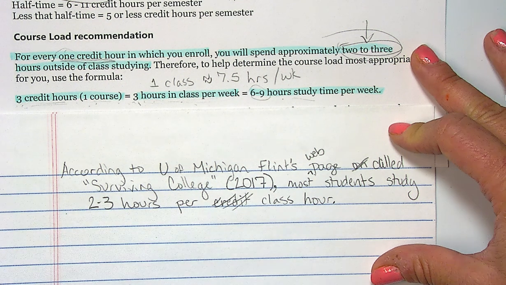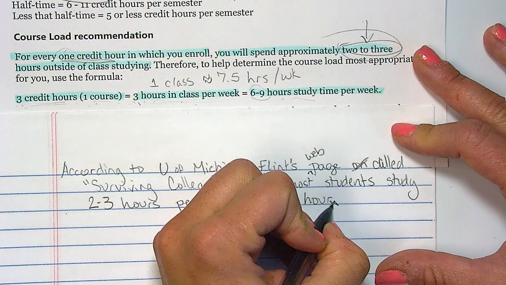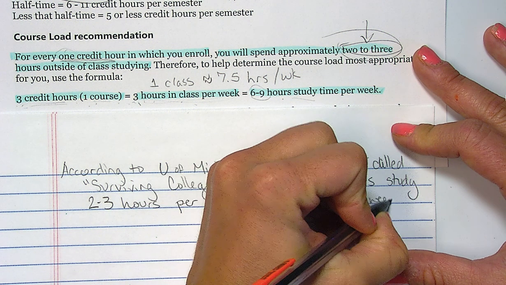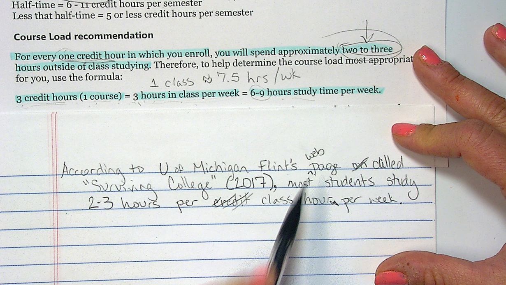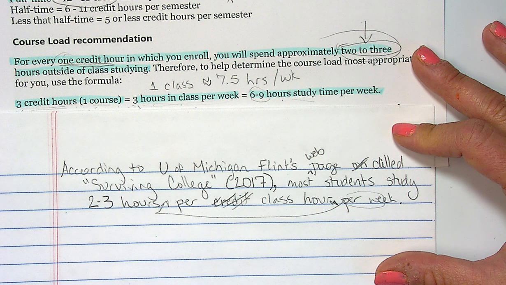And again, paraphrasing, it takes time. Most students study 2 to 3 hours per class hour. I should probably add per week. And maybe I might actually want to move this per week over to 2 to 3 hours per week per class hour, because it's hours per week. But it doesn't really change it completely.